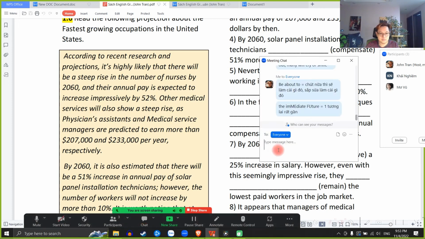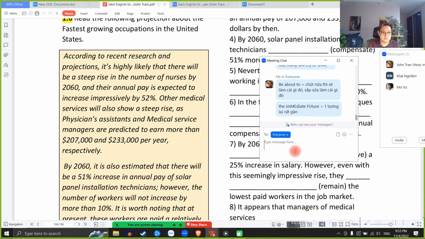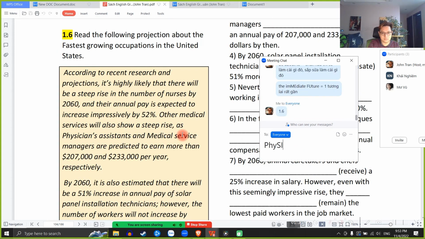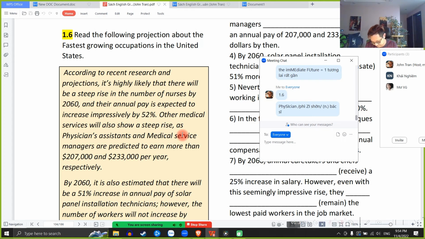Physician assistants and medical service managers are predicted to earn more than 207,000 and 233 $233,000 per year. $233 per year and $233,000 per year. per year, respectively. Okay, respectively.